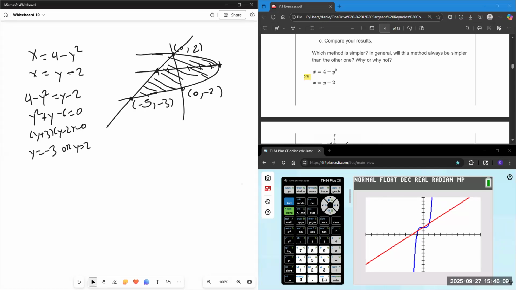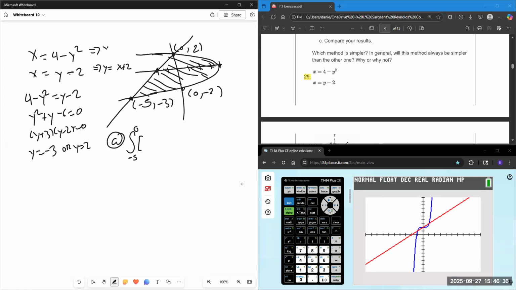And so for part A, we're going to set this up where we integrate with respect to x. X is going from negative 5 to 0 with the line above the curve. So that is going to be, change this into y is equal to x plus 2.